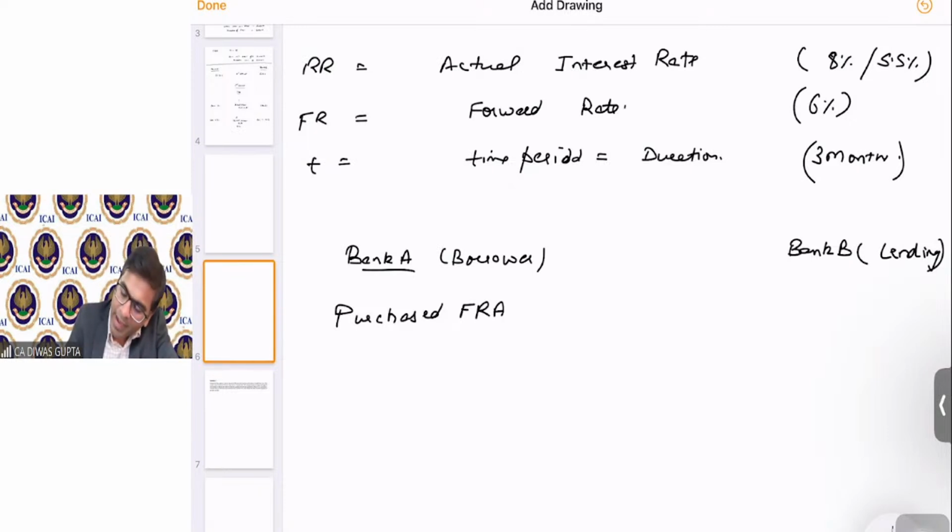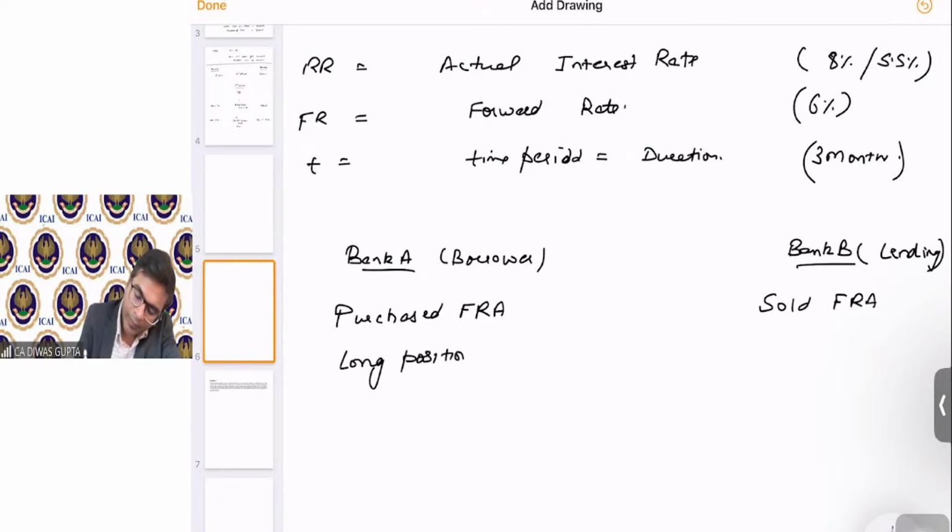And similarly, bank B will be said to have sold forward rate agreement. This we call as long position. Okay. This we call as short position. Long position for FRA, short position for FRA.